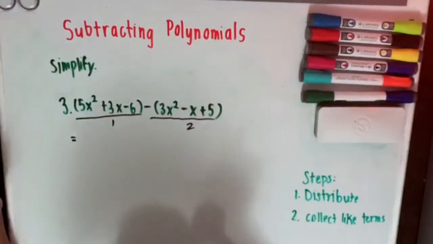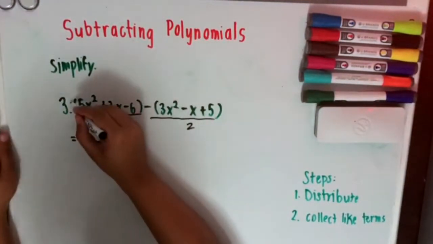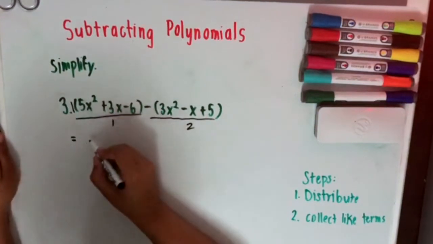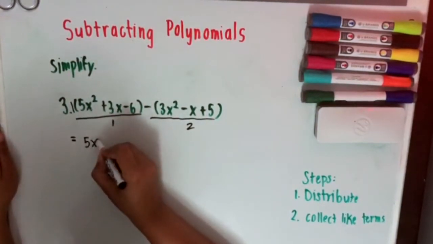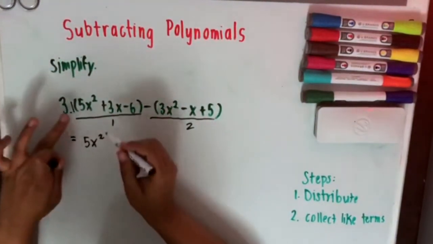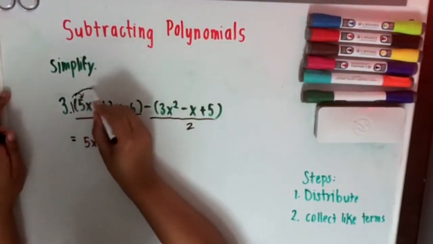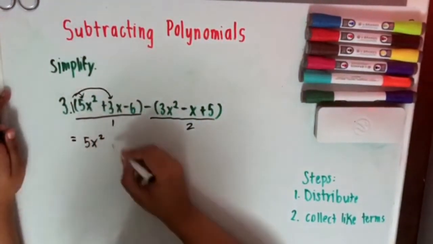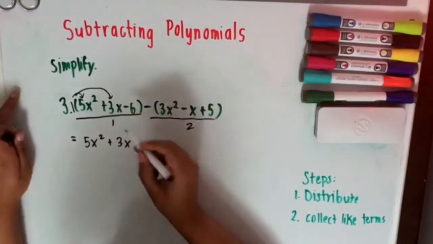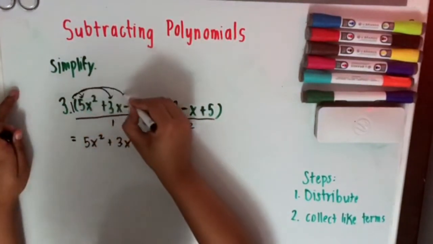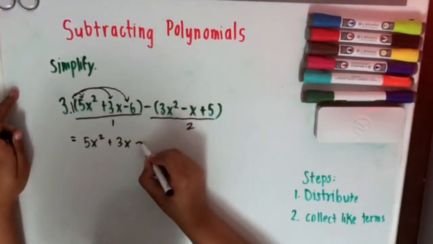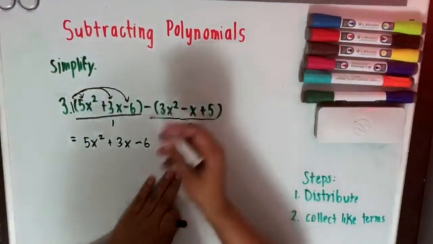Right, so just put them in two. It's easier to work. So we're going to put our invisible 1. 1 times 5x squared, 5x squared. 1 times 3x, 3x, 1 times negative 6 is negative 6.